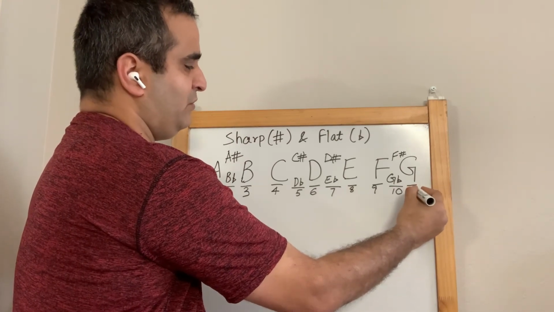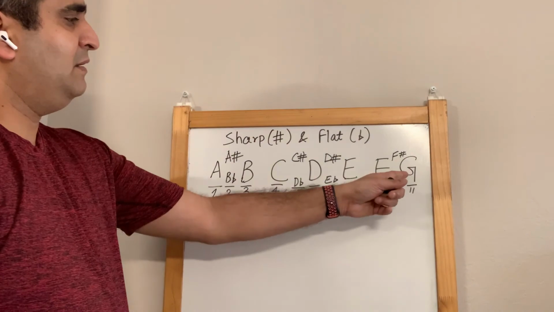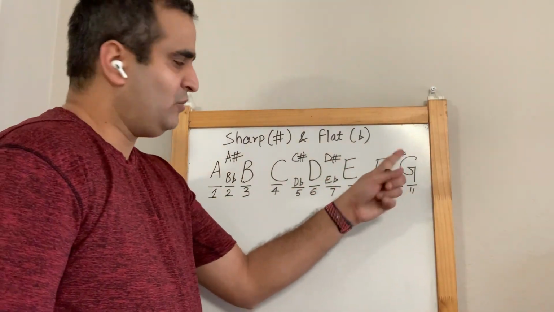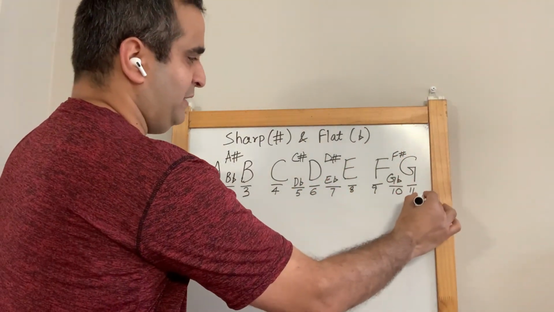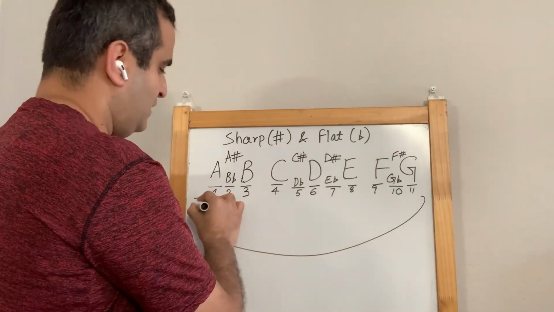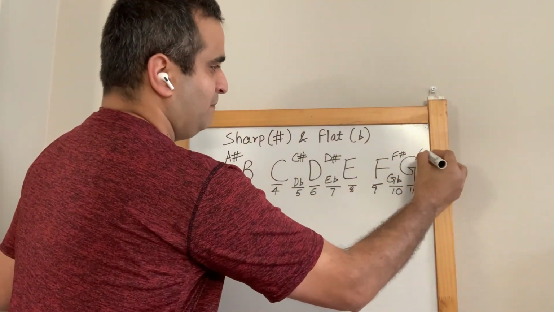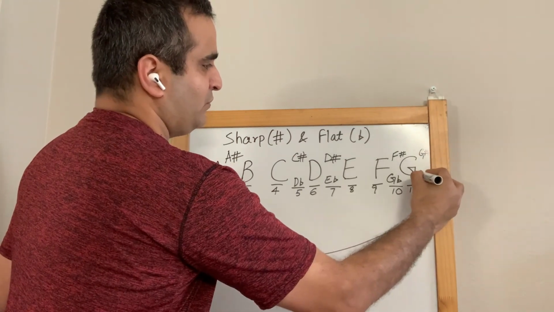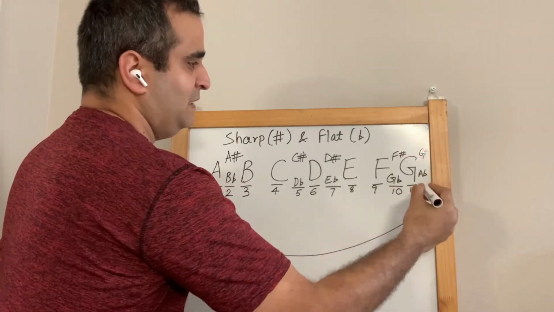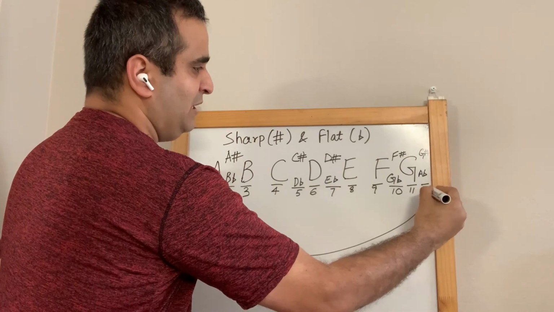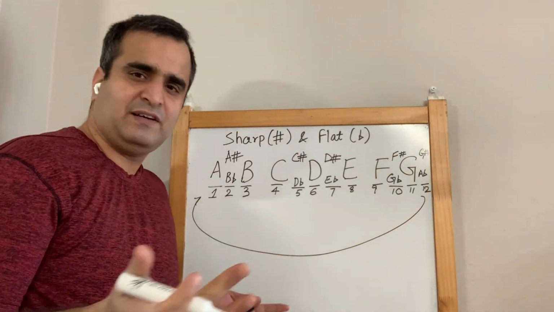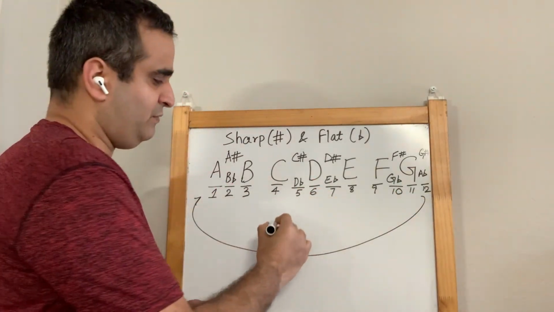This is our 11th note. And if you recall, after G we go back to A, right? The whole thing repeats. And yes, there is a note between G and A. It's called G sharp, or you can also call it A flat. This becomes our 12th note. So in music, there are 12 notes which we use.